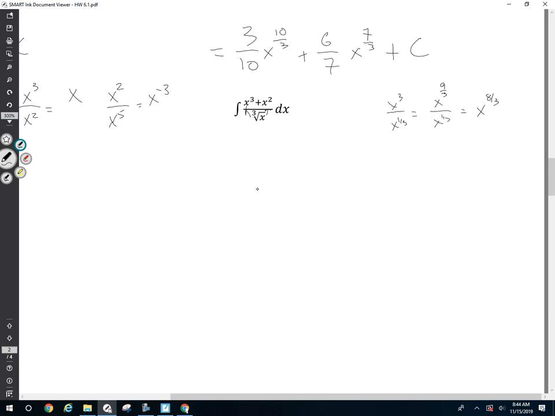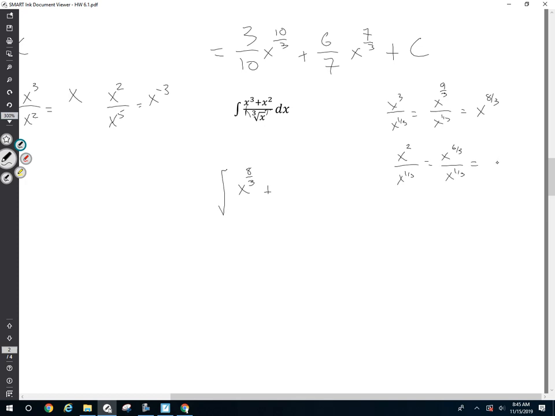Okay. So simplifying, x to the 8/3 plus, see, x to the 4th, x squared over x to the 1/3. That's x to the 6/3.